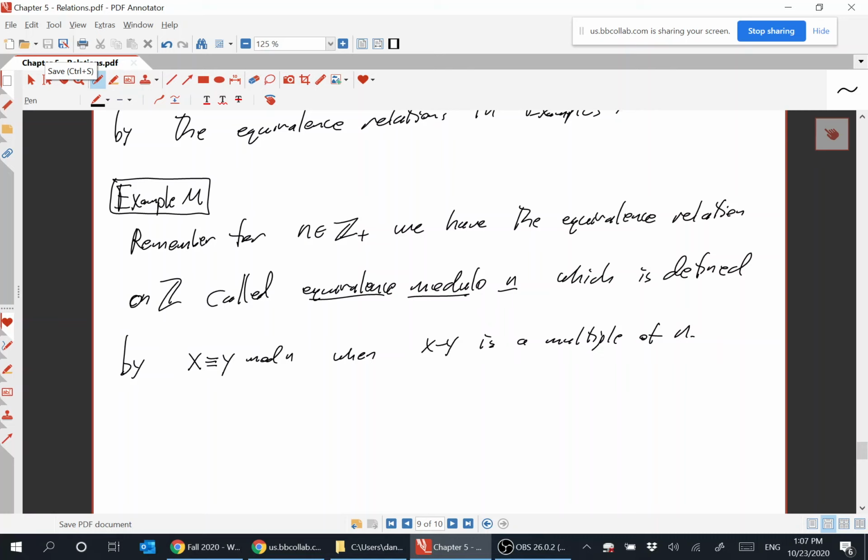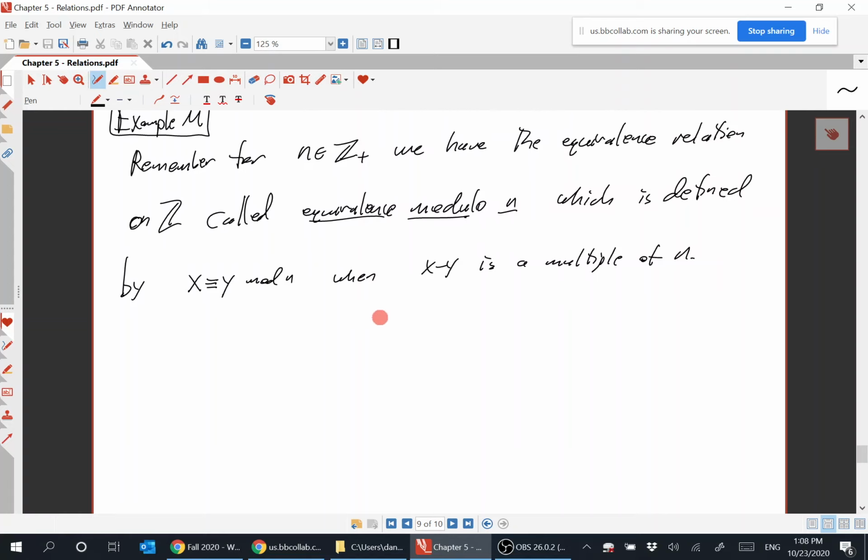All right. To really get our hands on what the equivalence classes are, let me show you the equivalence classes, and then we'll note that indeed those are the equivalence classes.